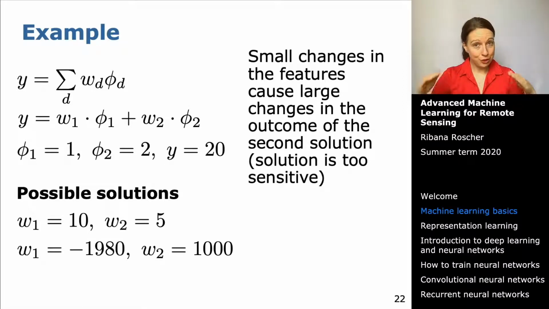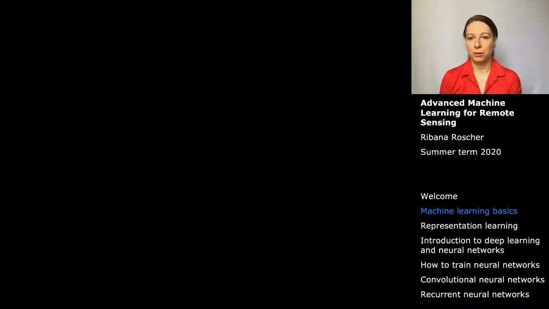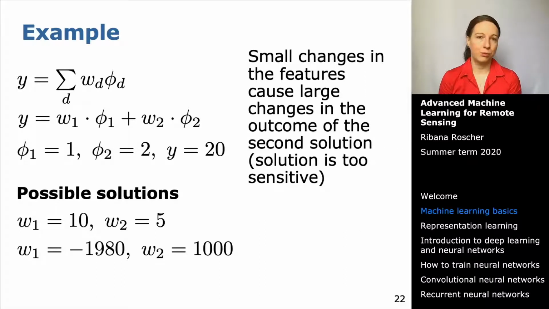So imagine you change a bit phi1 and phi2, and if you compute the output value, you will see that for the first solution with W1 10 and W2 5, you still will be close to 20. But this is not the case for the second solution. Therefore, it's a good idea to introduce a regularization term.